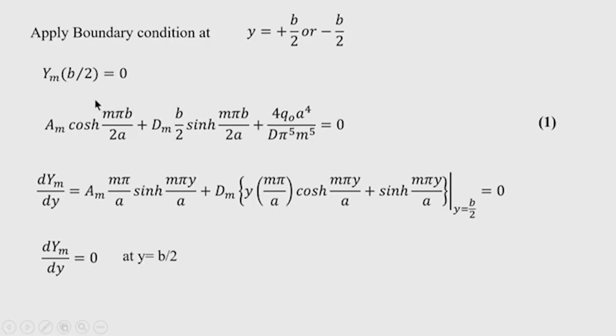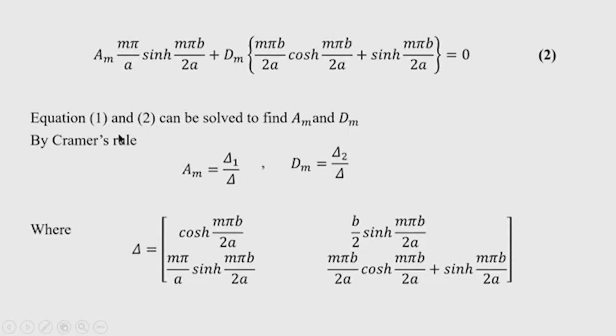For forming the determinant delta, the coefficient of a_m in the first equation is cosh m pi b by 2a. So, that is the first term in the first row.